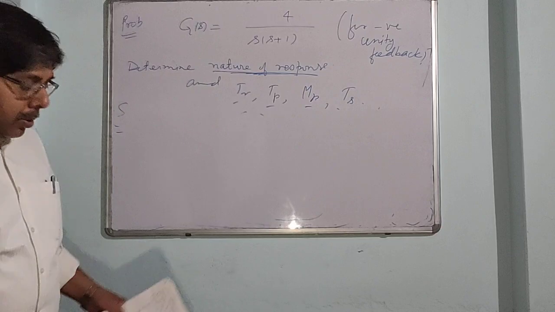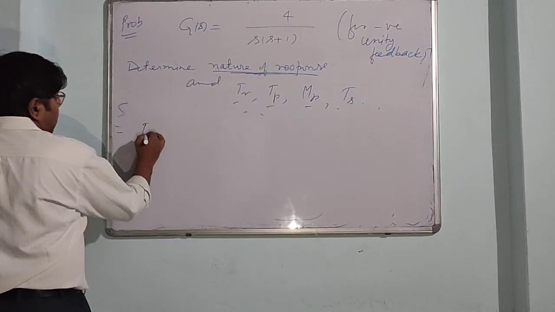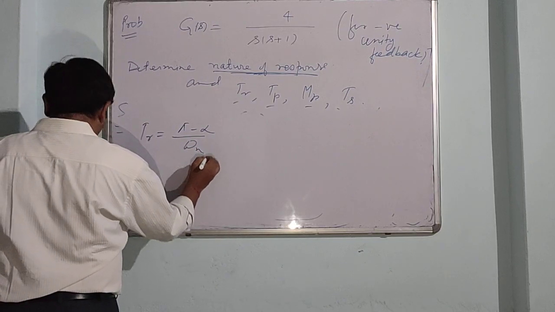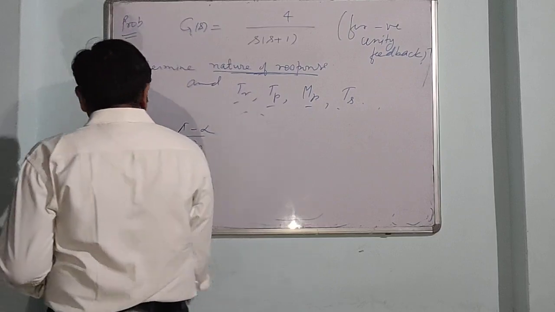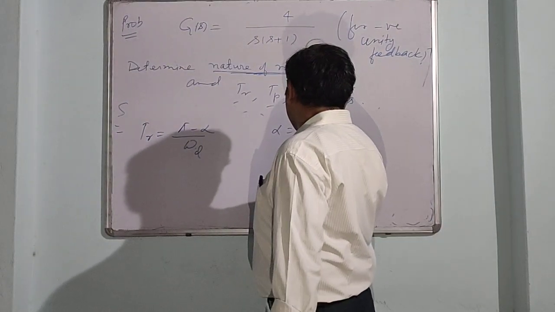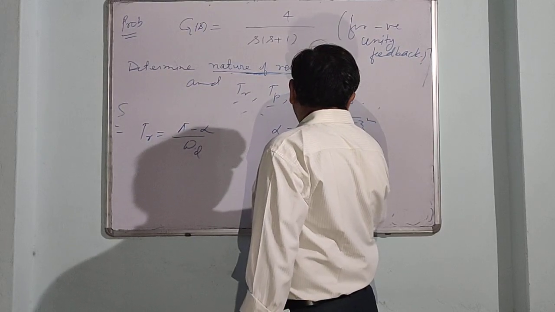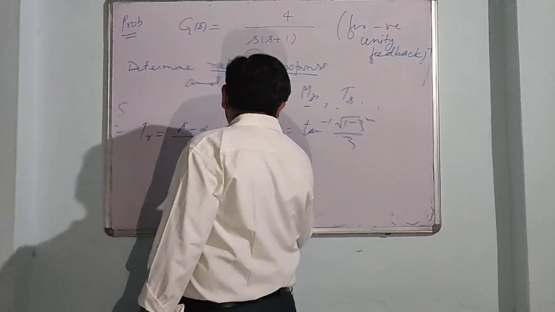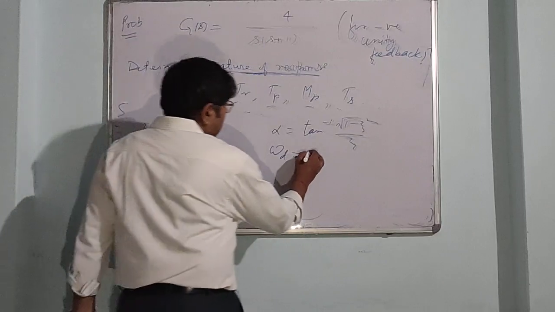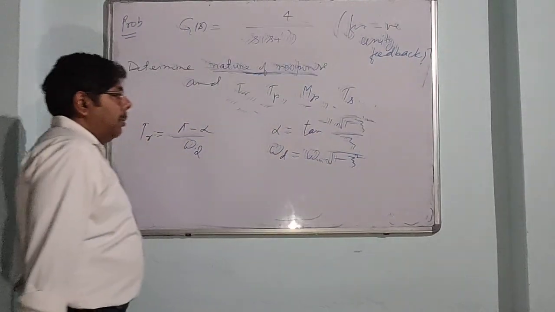You can use expressions. I am just writing the answer. You can use this rise time, pi minus alpha upon omega d. So you have to calculate two values. The first one is alpha, which is obtained from tan inverse of under root 1 minus zeta square upon zeta, and another parameter is the damped frequency, which is obtained as omega n under root 1 minus zeta square.